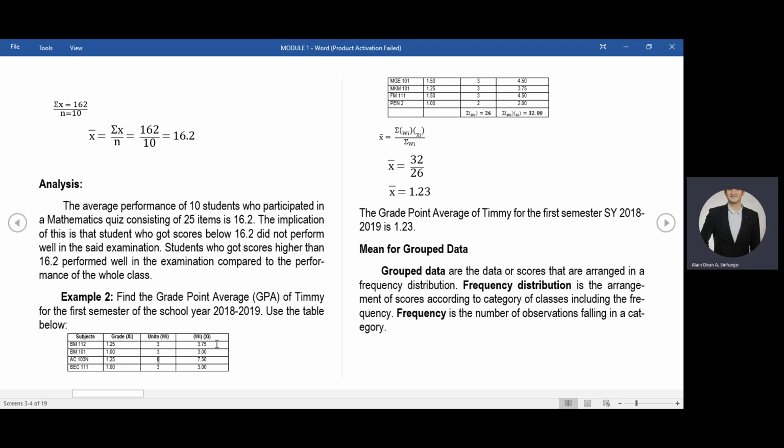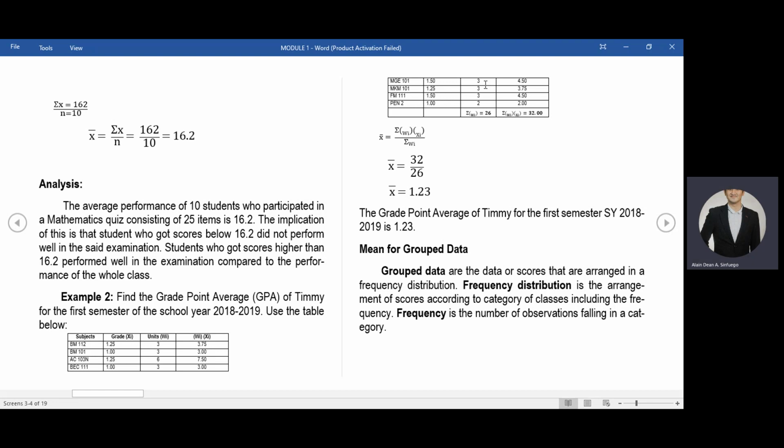What you need to do is multiply the grade and the number of units per subject. And we have this last column here. Okay, 3.75, 3.00, 7.5, 3.00, and the remaining subjects.